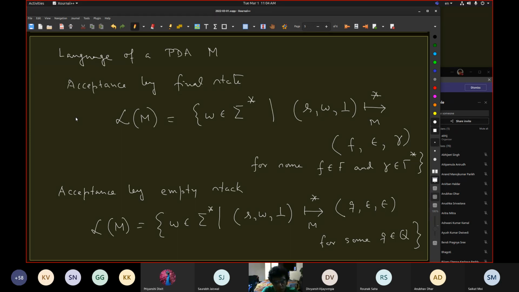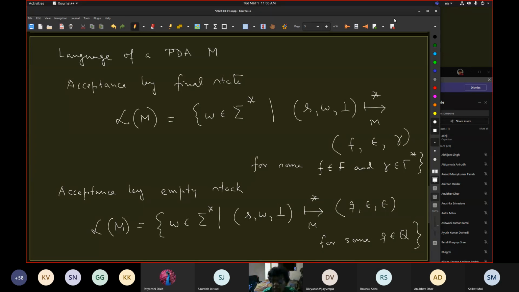There is a small thing that I would like to do before taking a small break. We have seen two types of acceptance, one by final state and one by empty stack. So does this give two different types of machines? The answer is no, they are basically the same concept.